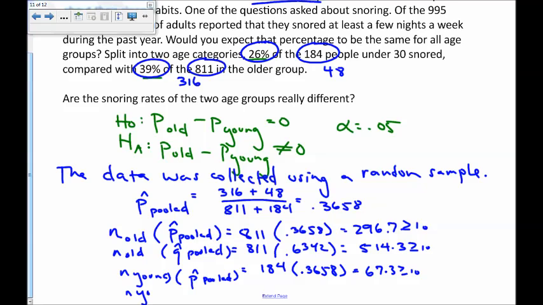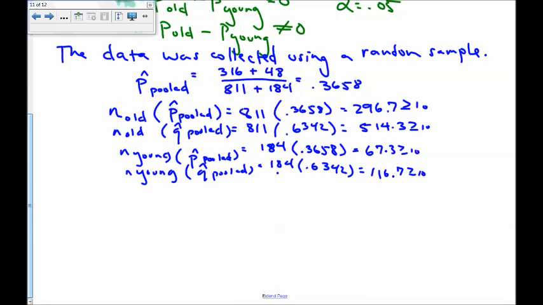And n, the number of young people, times q hat pooled is 184 times 0.6342, which is about 116.7, which is bigger than 10. Okay, the conditions are satisfied.